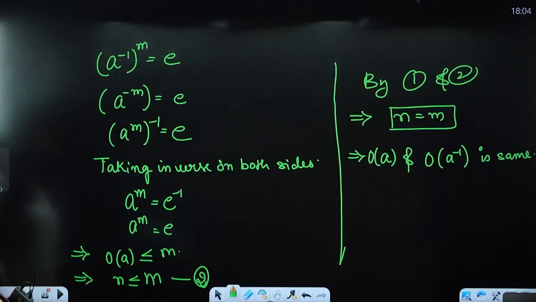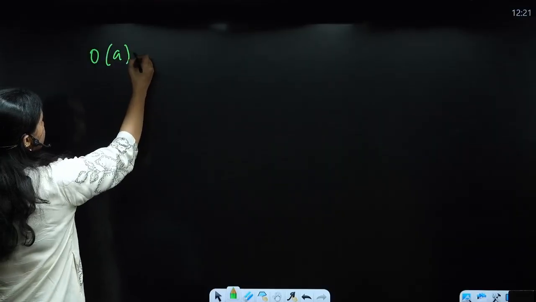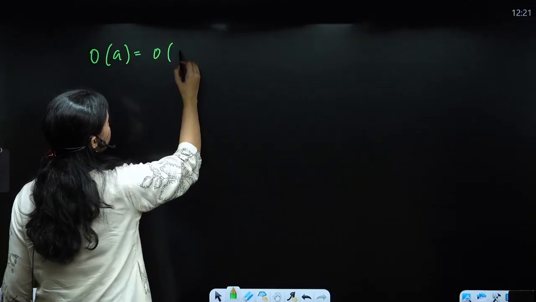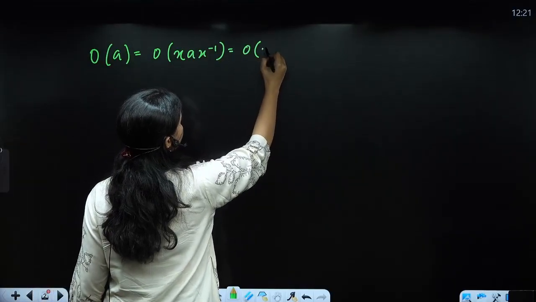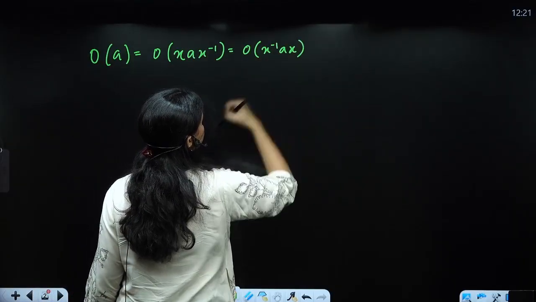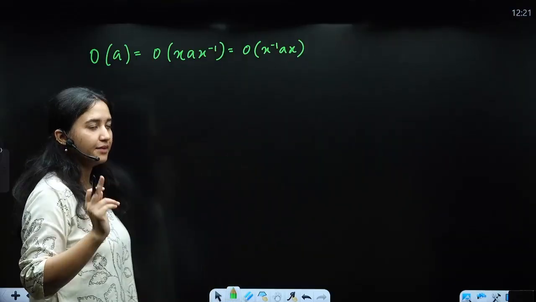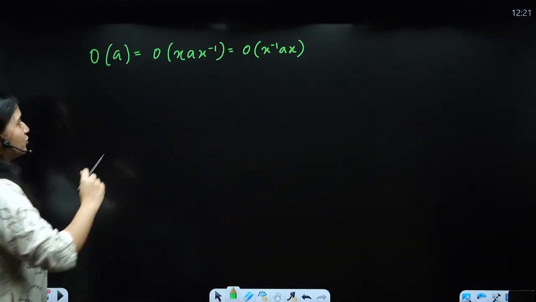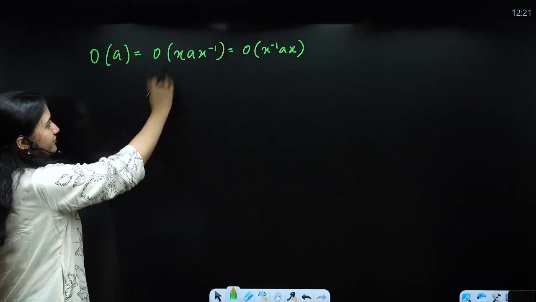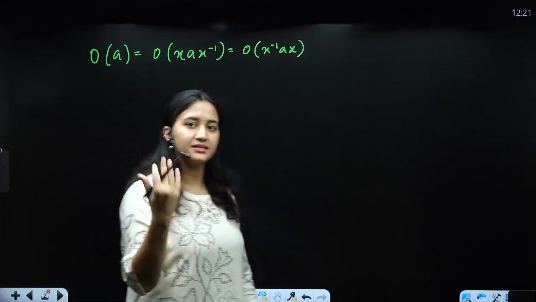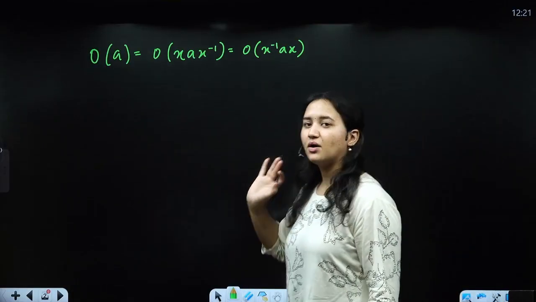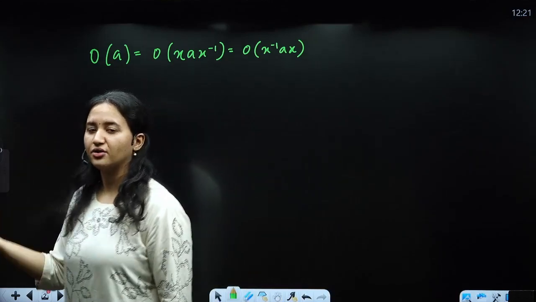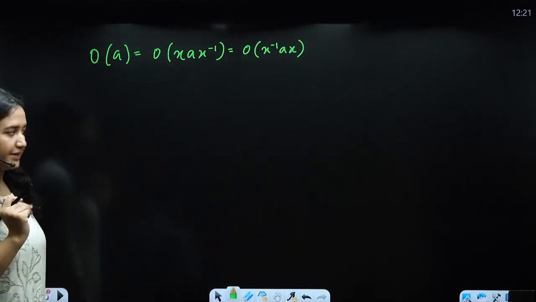And then there is a third one that we'll take up after this. So we have to prove that for any element A, if I multiply by any other element x on the left-hand side and its inverse on the right-hand side, then the order of that element is going to be the same as that of the original element, that is your A, right?